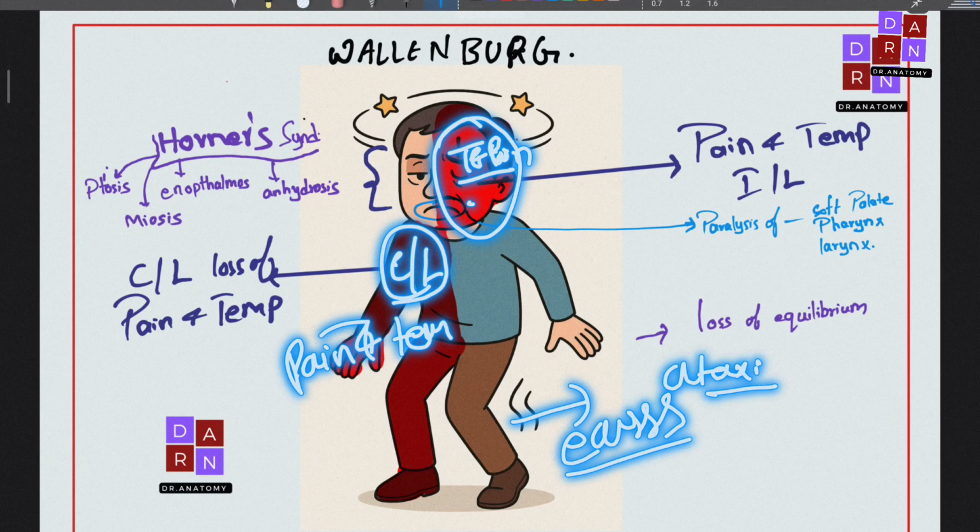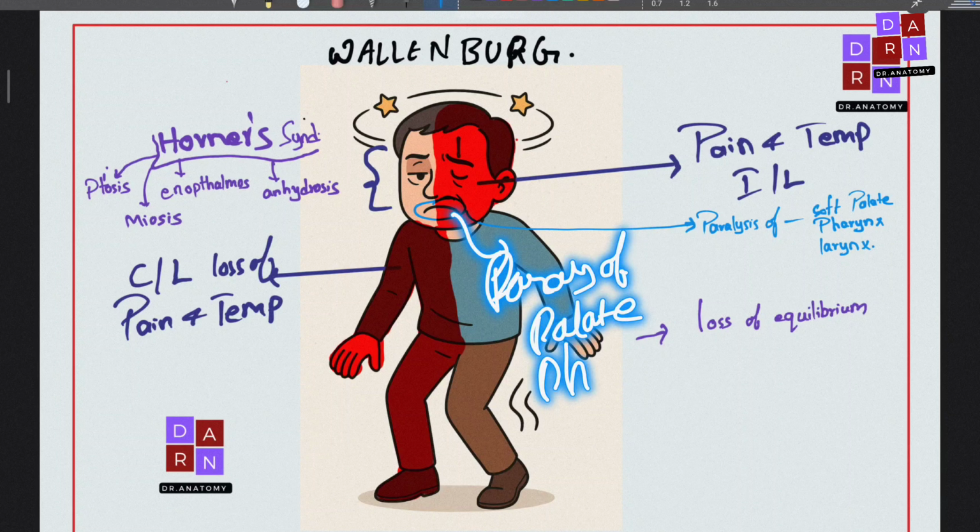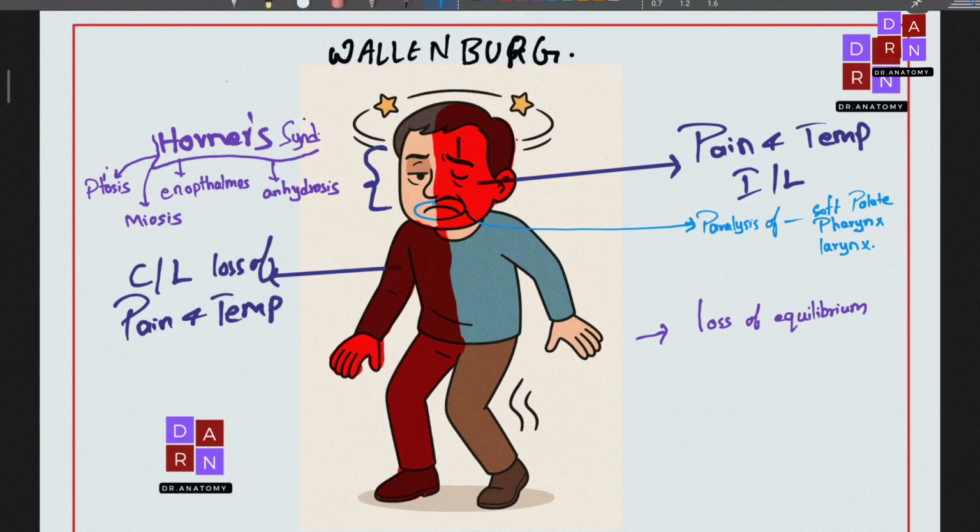Okay, and also in the mouth you will see paralysis of palate, pharynx, and larynx. He will have difficulty in swallowing. Okay, and next you will see anhidrosis, ptosis, enophthalmos, and miosis.